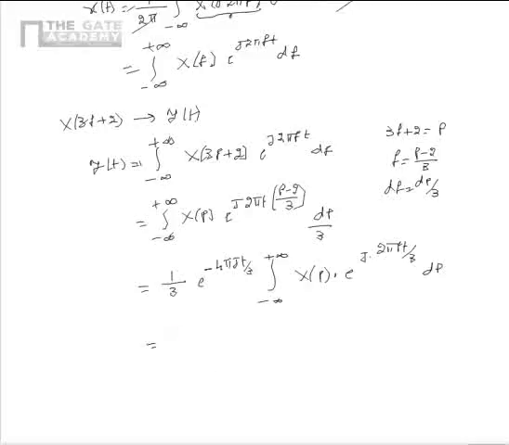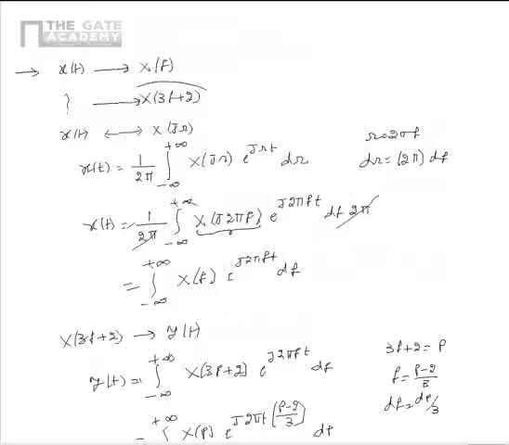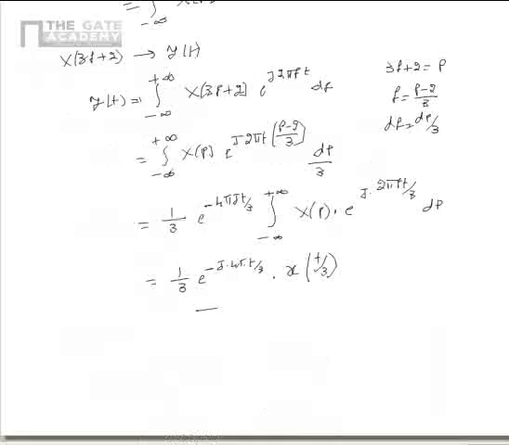So this can be written as 1 by 3 multiplied by e power minus j 4 pi t divided by 3 times x of t divided by 3. From this we can see that the inverse Fourier transform of capital X of 3f plus 2 can be written as 1 by 3 e power minus j into 4 pi t divided by 3 multiplied by x of t by 3.